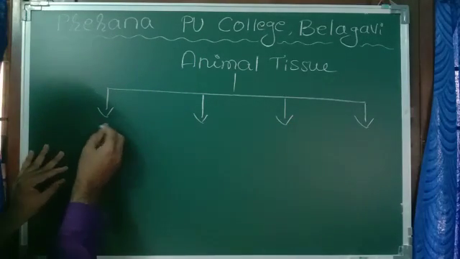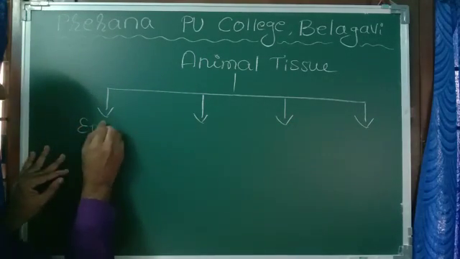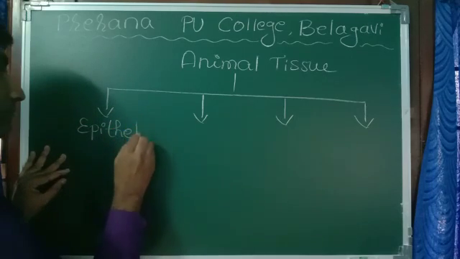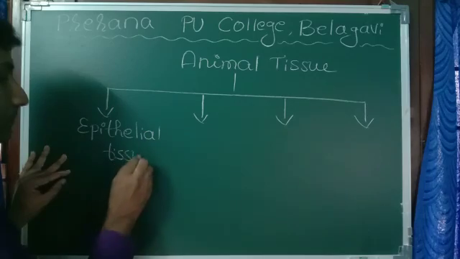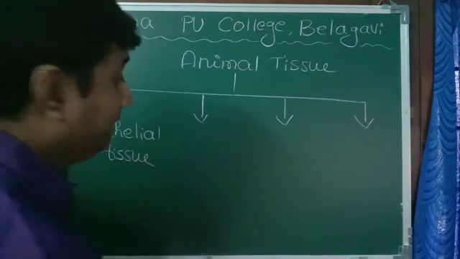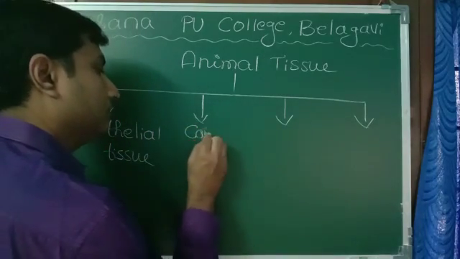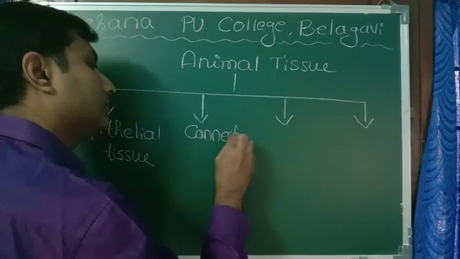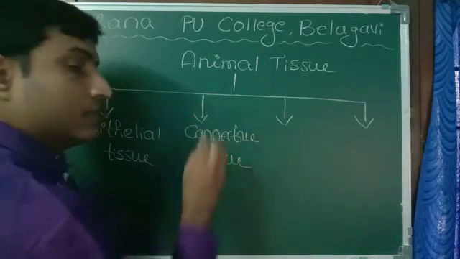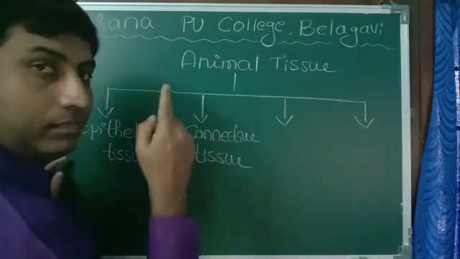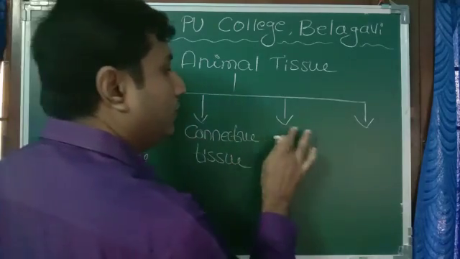One is epithelial tissue. Second one is connective tissue. Third one is muscular tissue.